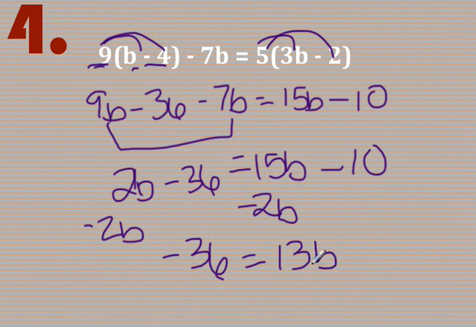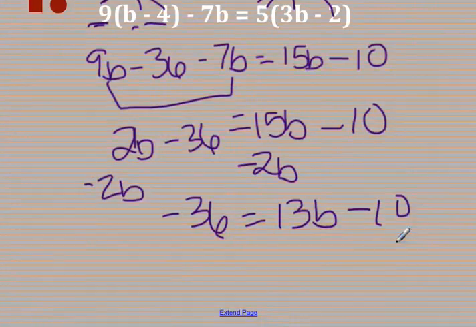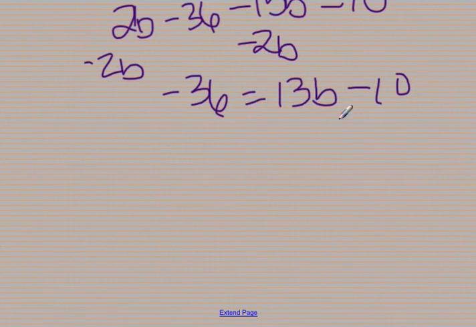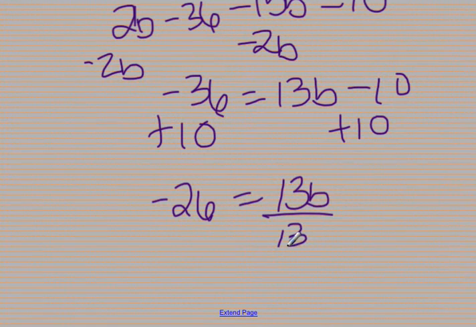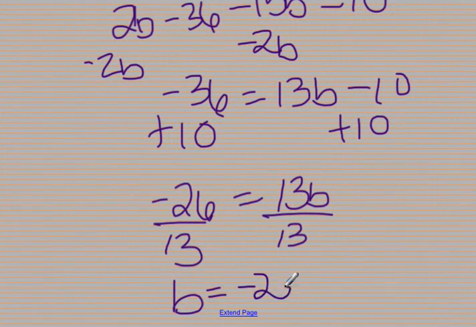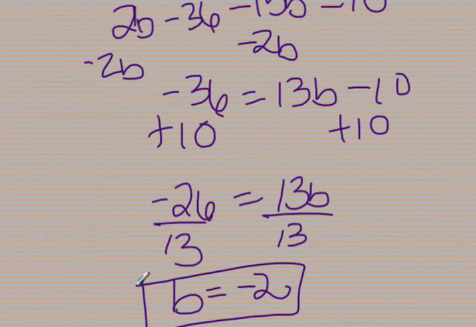So then I get 13b minus 10. So now I'm going to go ahead and add that 10 over to the other side. So I get negative 26 is equal to 13b. Then I'm going to divide both sides by 13. And when I do that, I get b is equal to a negative 2. So that's my final answer for number 4.